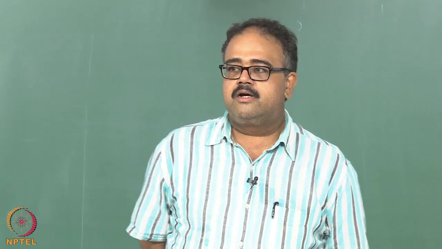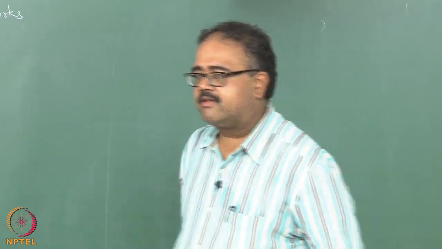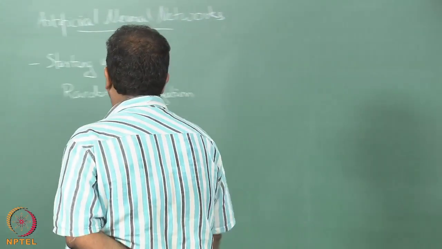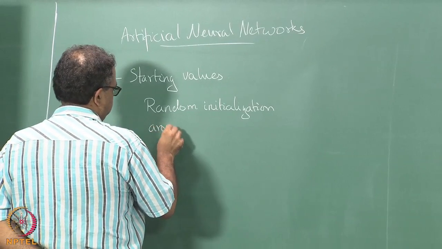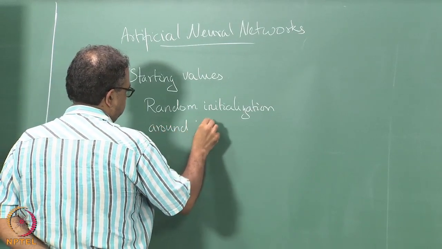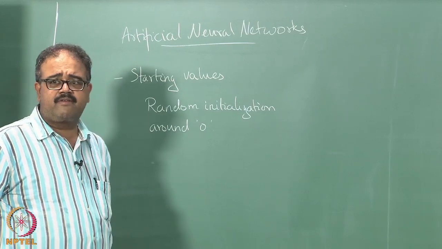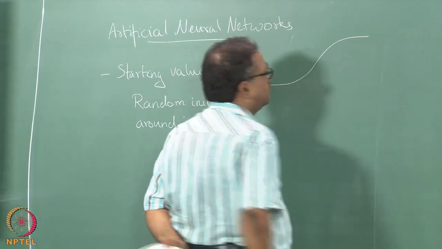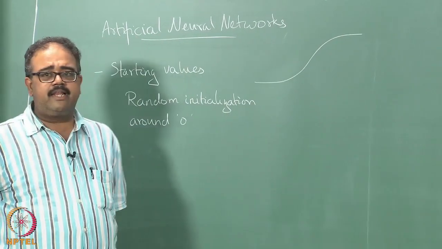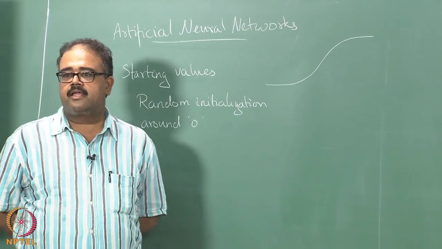Just think about what is the implication of having really small weights. You remember your sigmoid. If your weights are really small, where do you expect the outputs to lie?